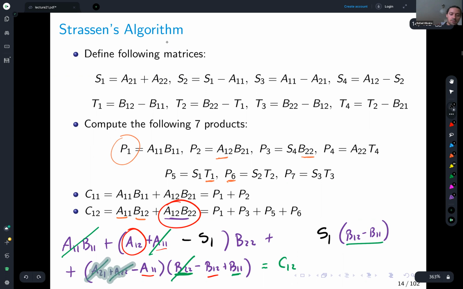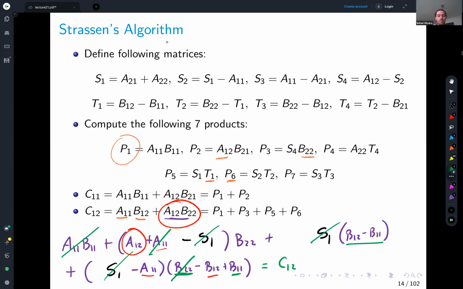And this is S1. And well, yeah, we have B11 minus B12, right? So then you can see that the S's all cancel as well. That's what we saw, right? So that's okay. All right, so we know how to compute C12.